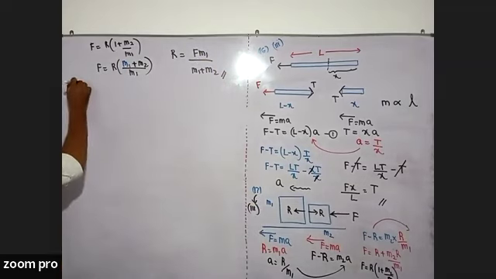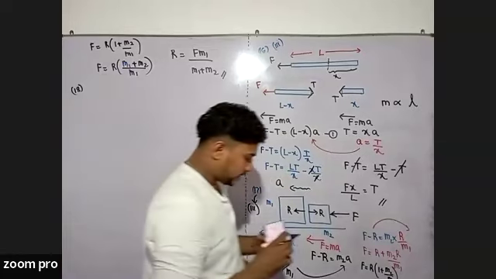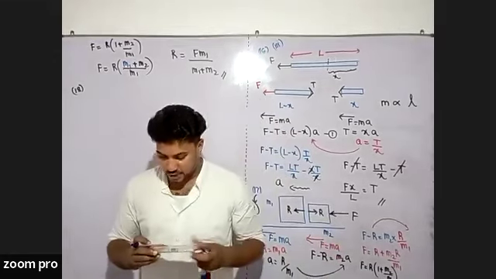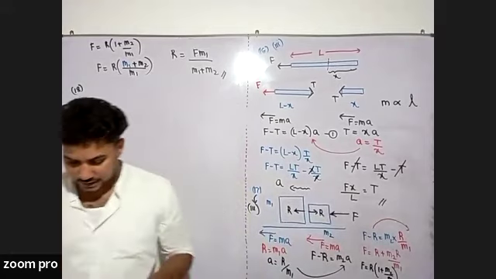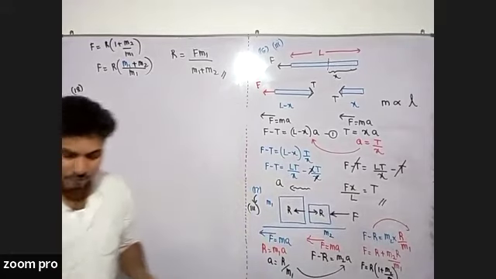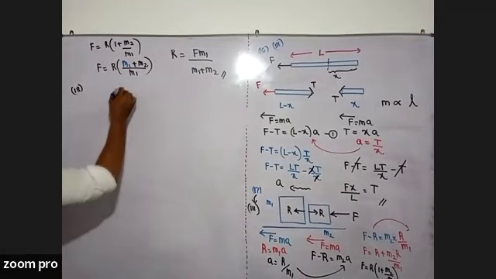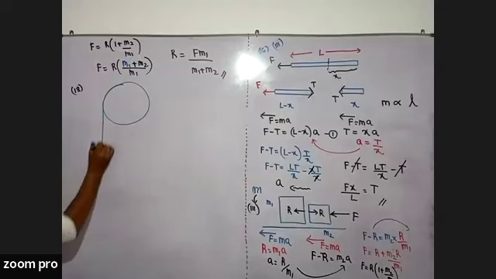So in the 18th question, a man with a mass of 60 kilograms is connected with a system of pulleys as shown. Find the force that must be applied on the string to lift him from the floor, right? So first of all, let's mark the forces on this diagram.